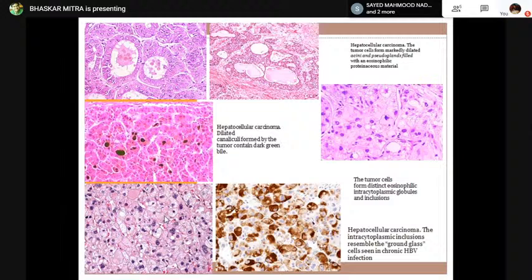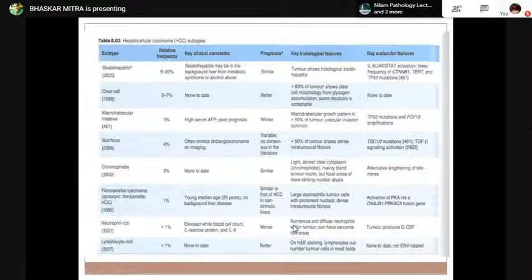These are the eosinophilic granular cytoplasm, usually what we see in cases of hepatitis B virus infection, chronic liver disease with hepatitis B. This is again HBs staining, hepatitis B antigen staining, showing this type of HBsAg positivity on those cells. So these are the things we can see in hepatocellular carcinomas.